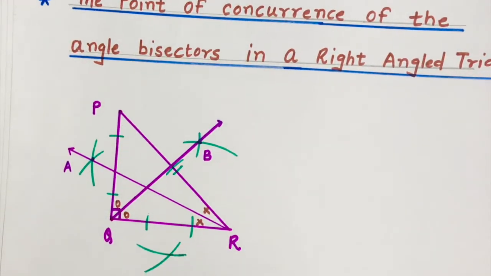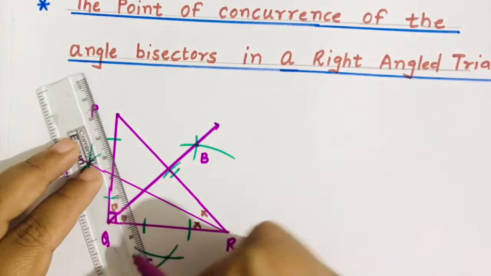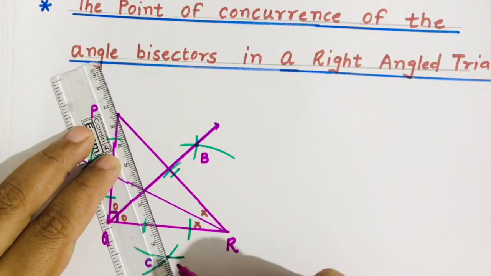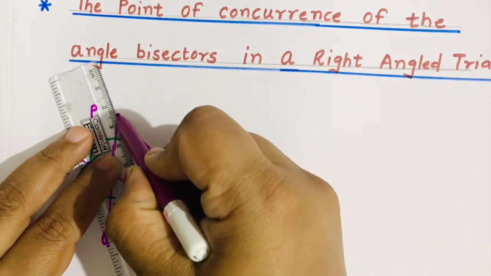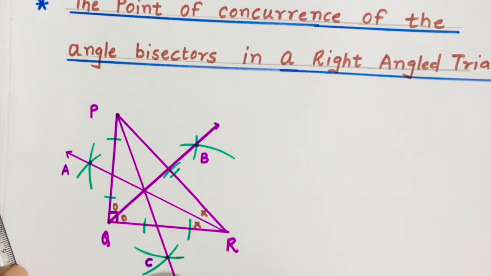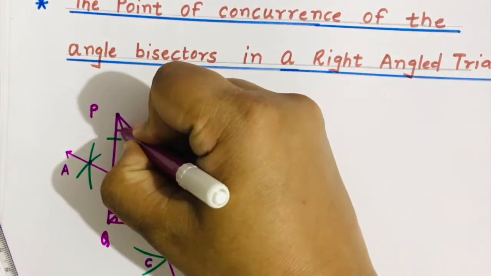So this is the intersecting point. You can name this point as C. Join ray PC, P to C. Now this ray PC divides the angle QPR into two equal halves.